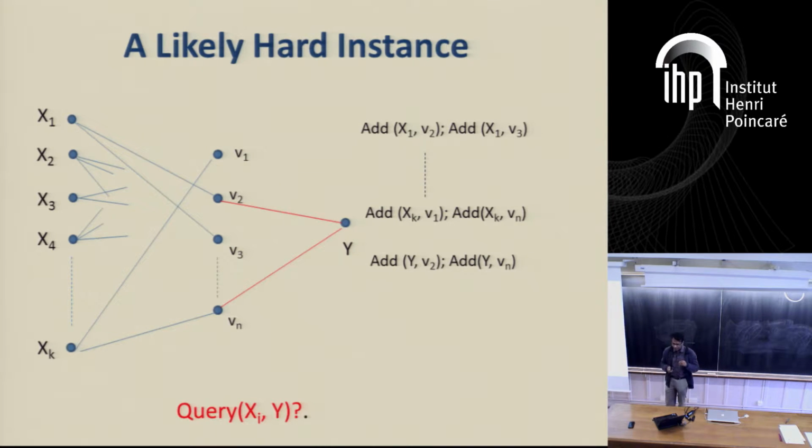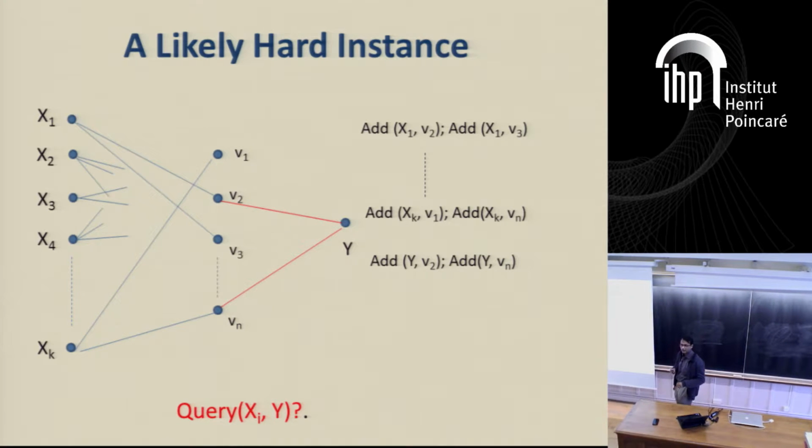And now in phase 3, you're asked, what's the length of the shortest path connecting, let's say, vertex xi for some i to y? If you think about it, this answer is 2 precisely when the neighborhood of xi, say xi is here, it's connected to some subset of vertices v, and that neighborhood and the neighborhood of y intersect.